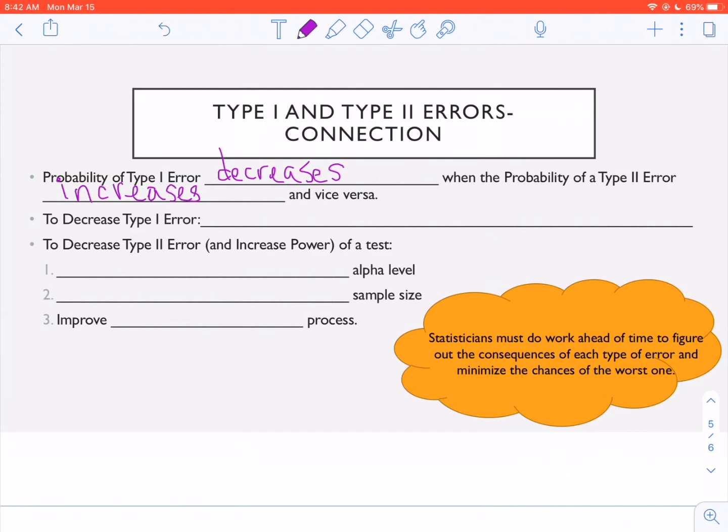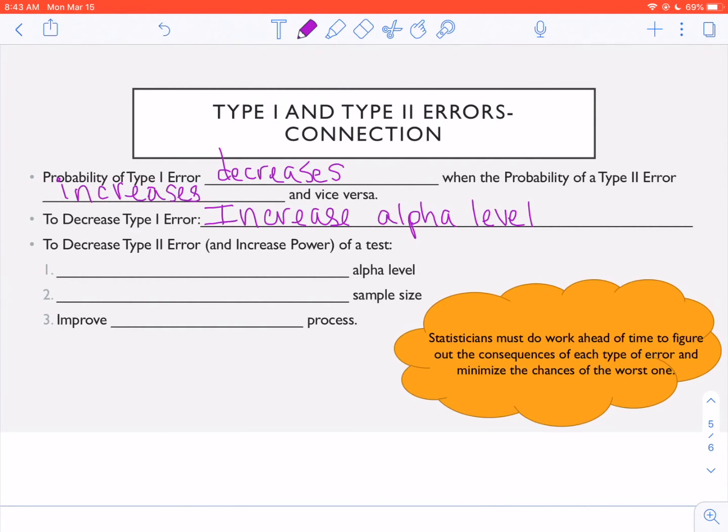One way to decrease type 1 error, actually the only way, is to just increase your alpha level. Because the probability of a type 1 error occurring is equal to your alpha level. If you increase the alpha level, then you will decrease the probability of that happening.